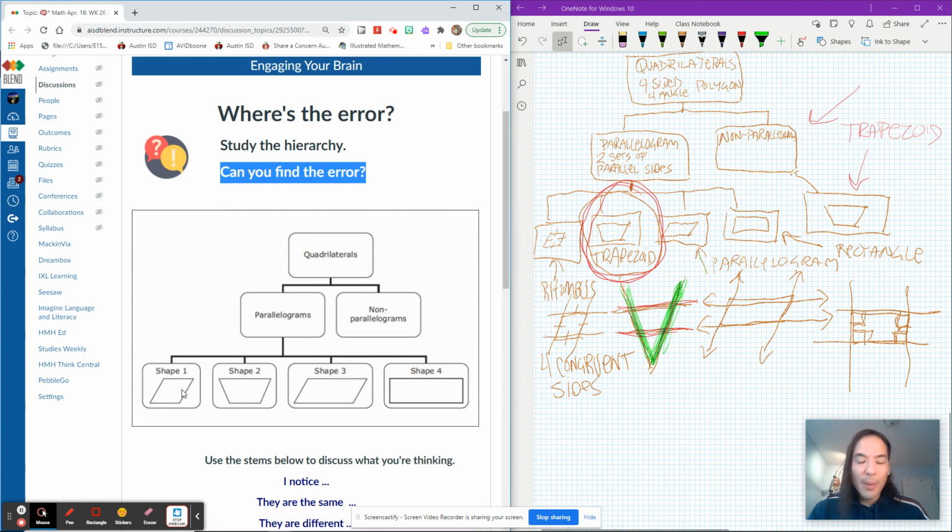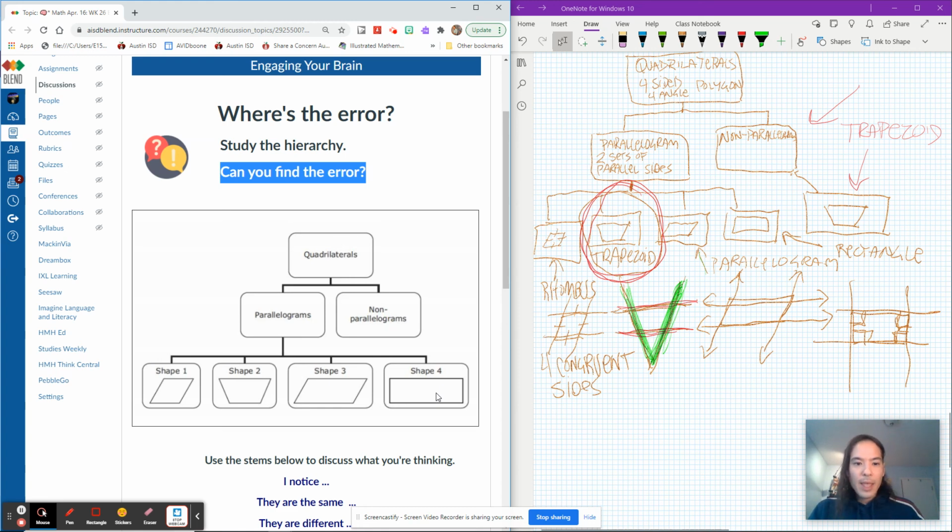It's sometimes a rhombus when it has four congruent sides. So you can use some of those same kind of things that we talked about yesterday, where it is sometimes this, it is always this. A rhombus is always a parallelogram, but a parallelogram is only sometimes a rhombus because a rhombus has four congruent sides. A rectangle is always a parallelogram, but a parallelogram is only sometimes a rectangle when it has four 90-degree angles.